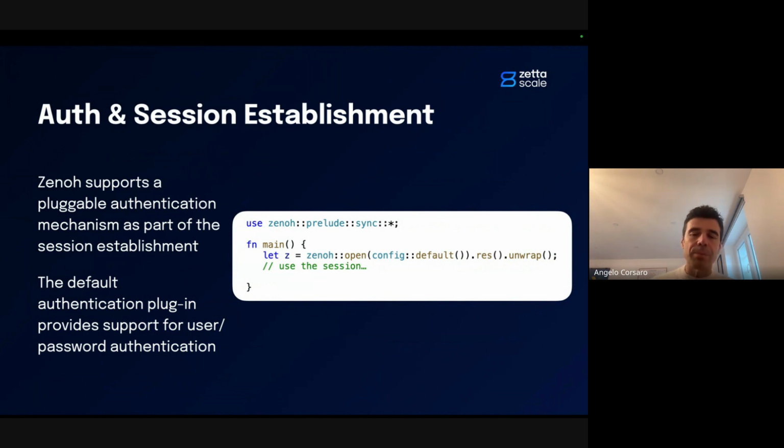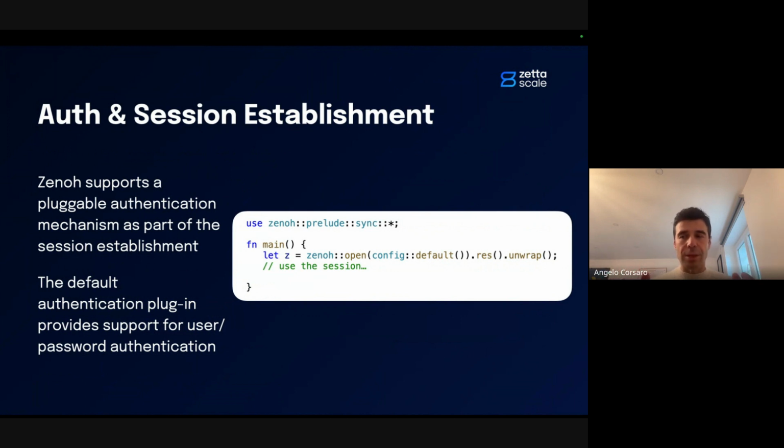Other things that we check when establishing a session, and I don't believe this is done by the DDS implementation, because there isn't anything standard in the protocol that allows you to do that. But Zenoh also makes a check on whether the two applications that are opening a session happen to be in the same memory domain.